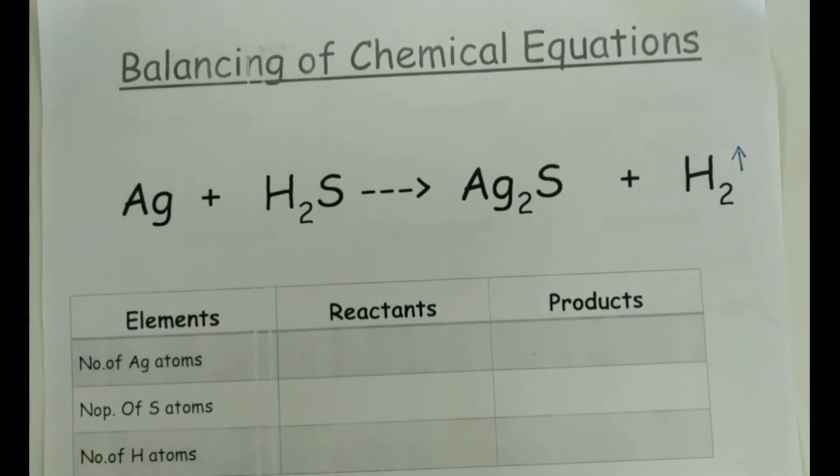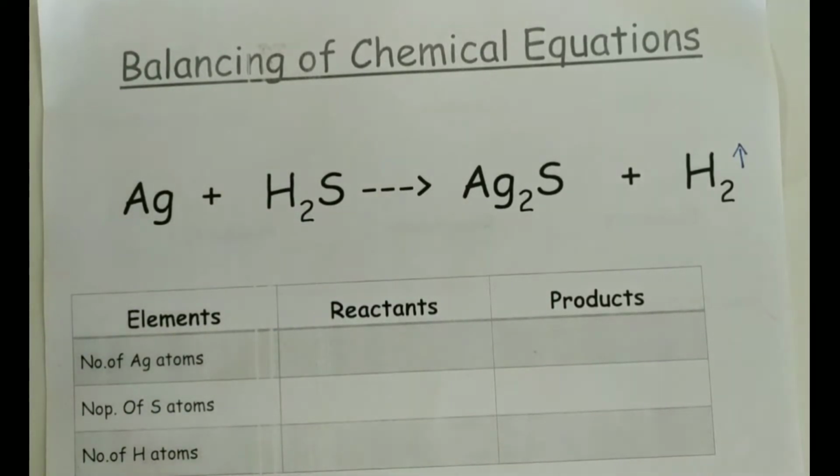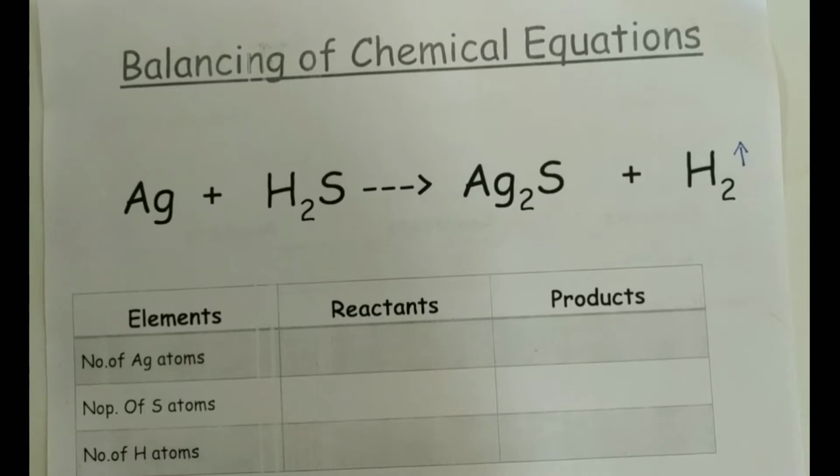I have already mentioned what to do during chemical equation balancing. First we have to write the number of atoms at the reactant side and product side, that you have to list out. So first we will list out these numbers.